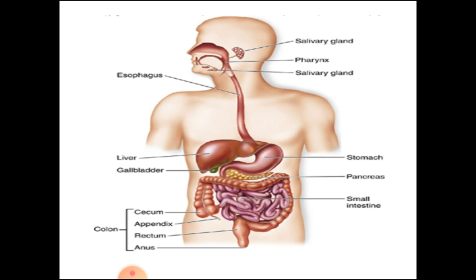This picture shows us the GIT or alimentary canal, starting from the mouth, which includes accessory organs such as the salivary glands.